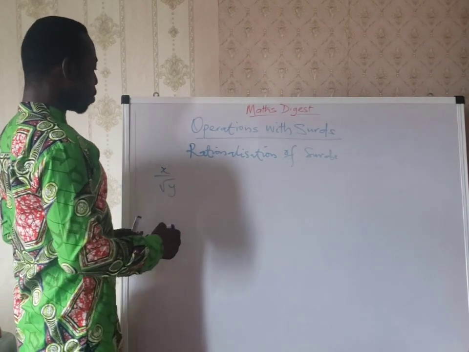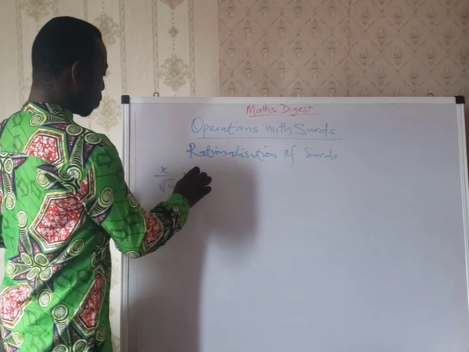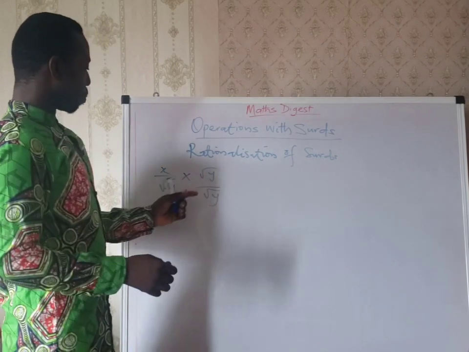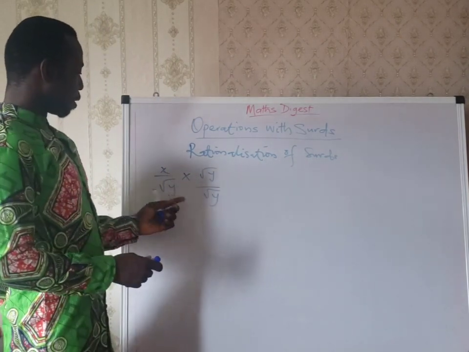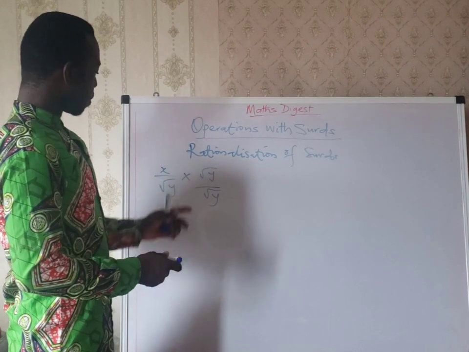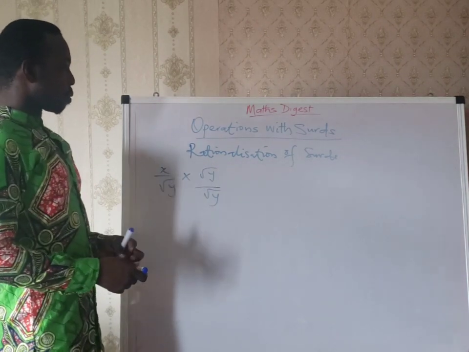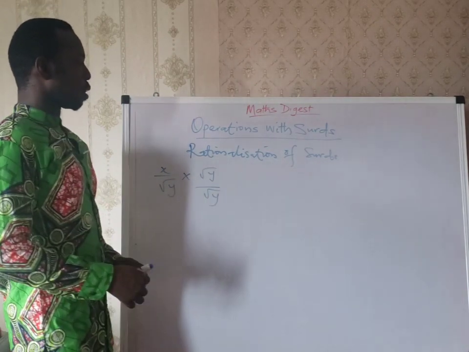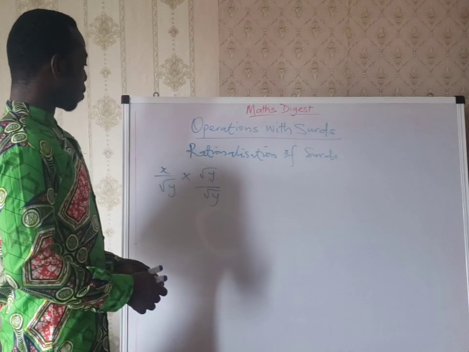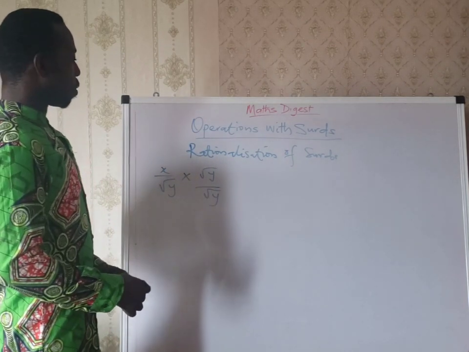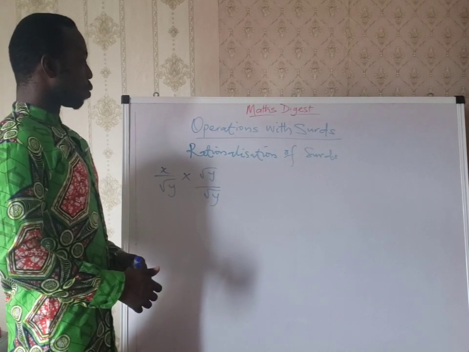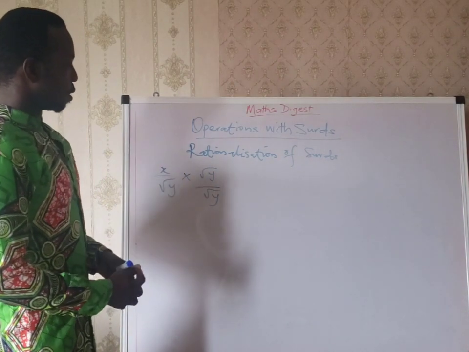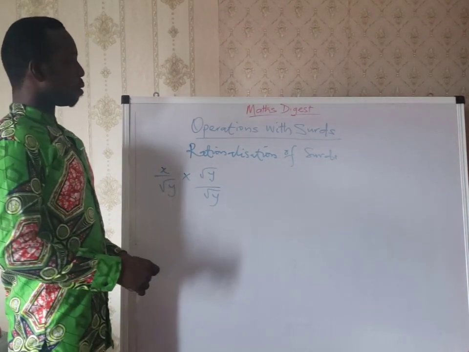When you want to do that, you employ root y over root y. You multiply it out so that you eliminate the roots from the denominator and move them to the numerator side. Remember what we discussed during conjugation of surds; we are going to employ more of that in rationalization. We are going to have some examples to illustrate that, and as soon as we are done with rationalization, we move over to other topics.